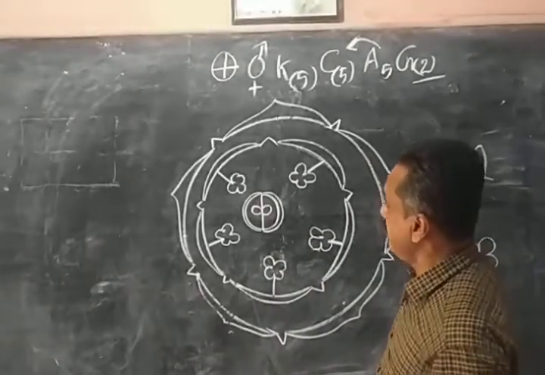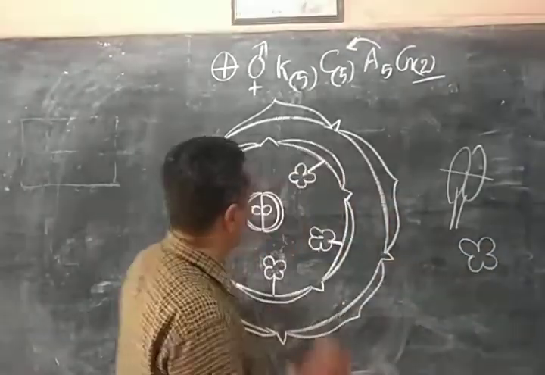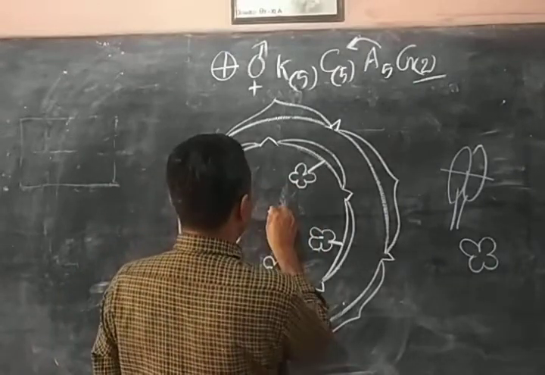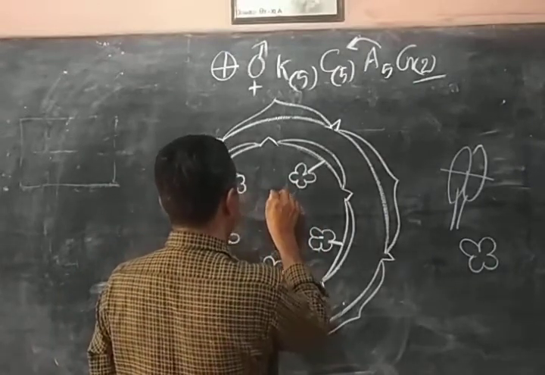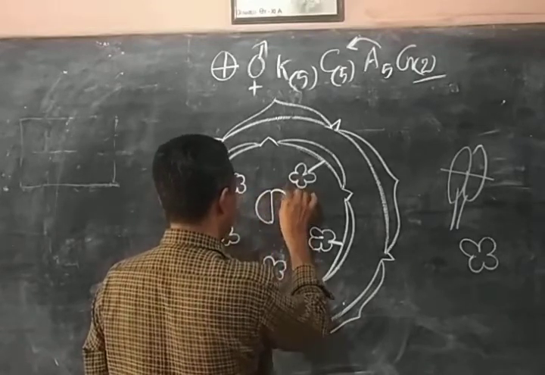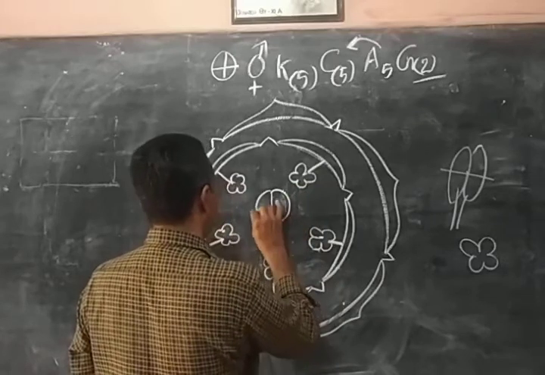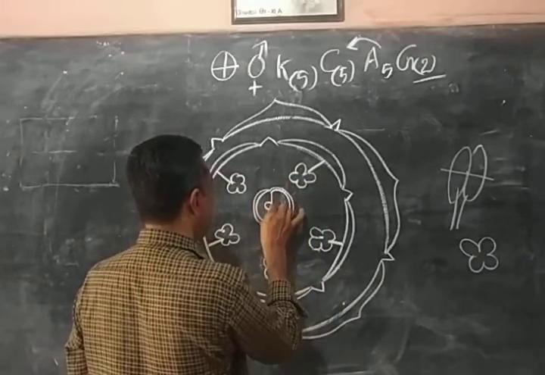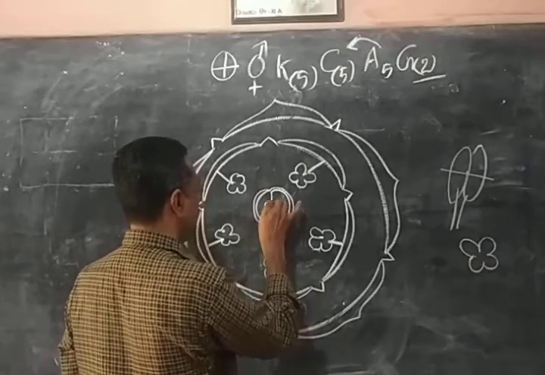Axile placentation can be represented like that. So what mistakes are there for the diagram? You have to occupy this innermost centre part. Placentation is called axile placentation.